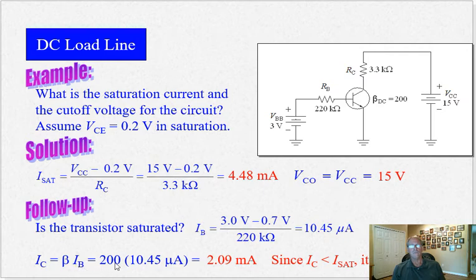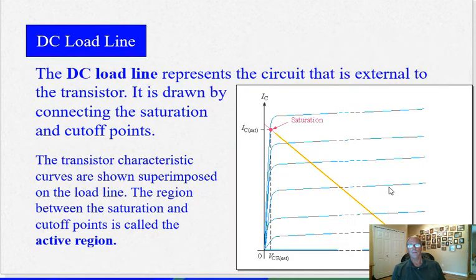Multiply that times the 200 beta, and you get 2.09 milliamps. Now, since that IC is less than 4.48, you know that that transistor is operating somewhere in here, not saturated. All right, it's below saturation.